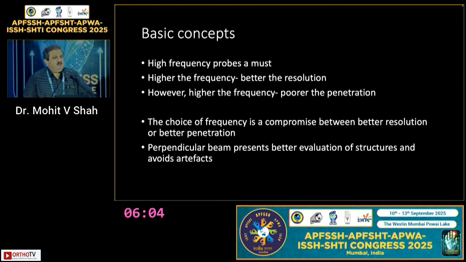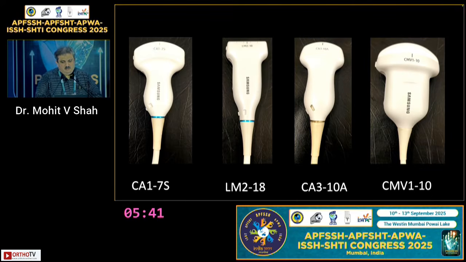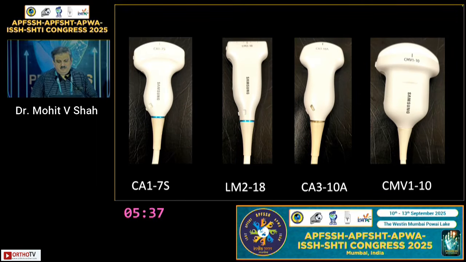And secondly, the most important aspect here for a sonologist is to avoid artifacts on ultrasound. The basic principle of ultrasound is that once your beam is perpendicular to the structure, you will see the structure best. That is a technical thing that all sonologists follow when we document structures to ensure that this is not artifactual. So we now have a gamut of probes that allow multi-frequency transducers.